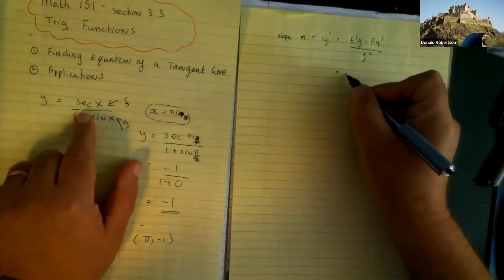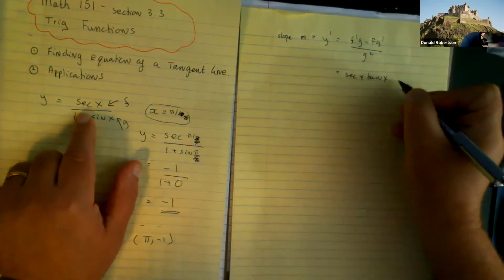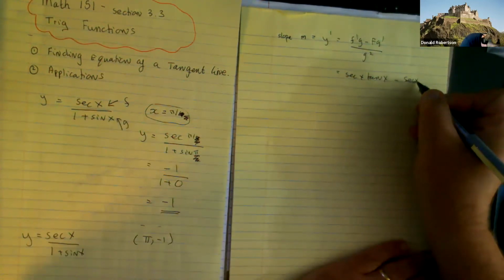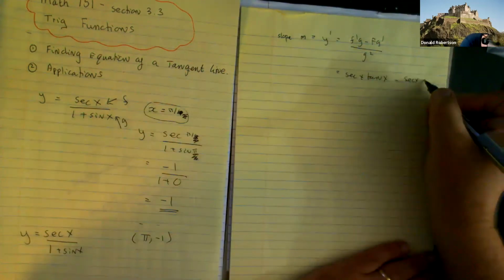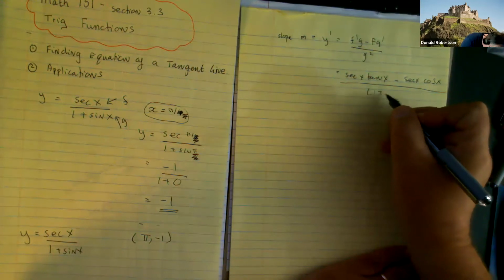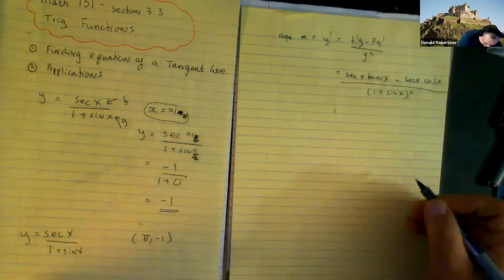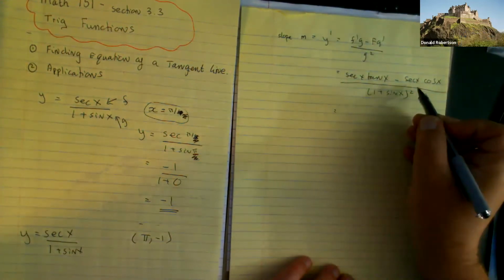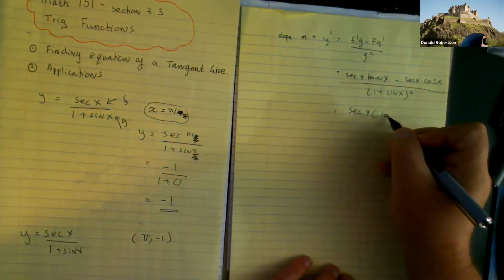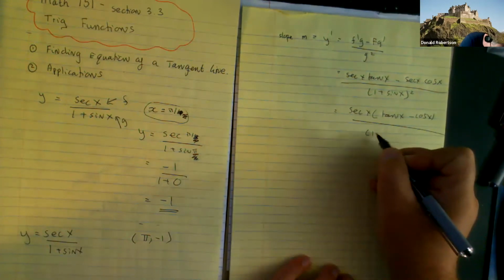If you differentiate a secant, you get a secant tan, take away a secant and differentiate that guy, you get cosine, and you get a 1 plus sine on the bottom squared. What's that going to get me? Well, I could factor out a secant, do a tan, take away a cosine. That's as pretty as that's going to get.